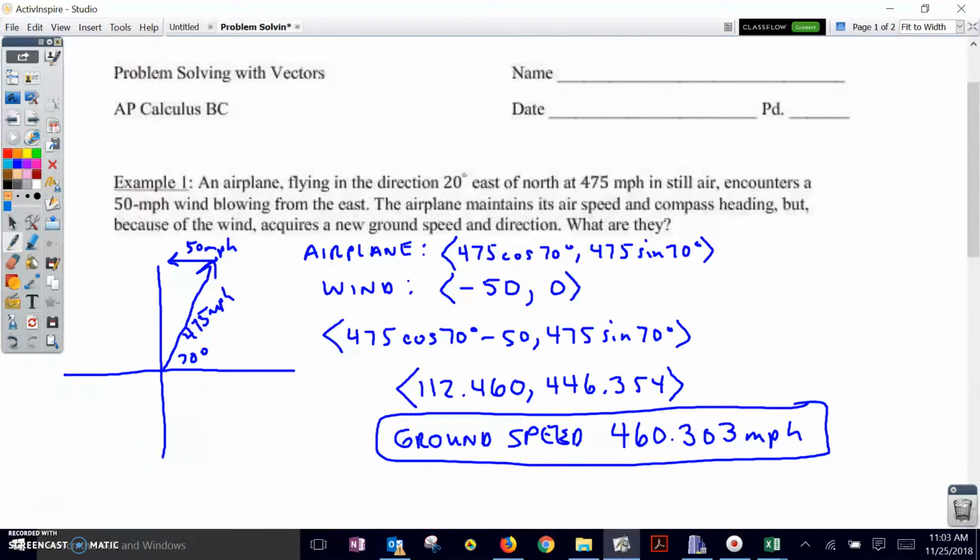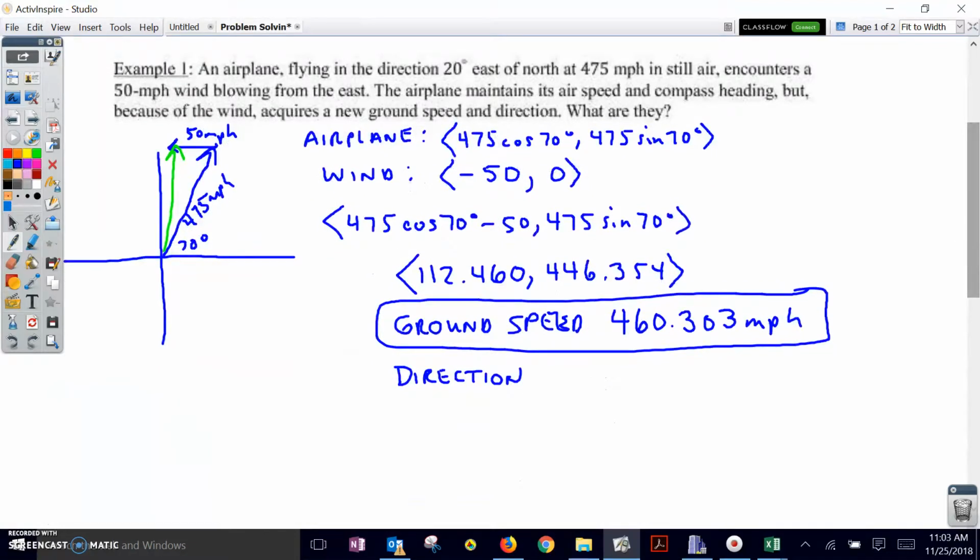The direction, since we talk about the direction in terms of degrees, east of north, and so on, of the sum of these two vectors is going to be determined by the arctangent of the y component over the x component.